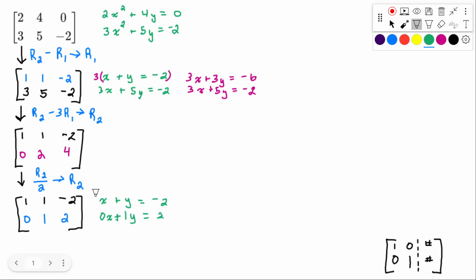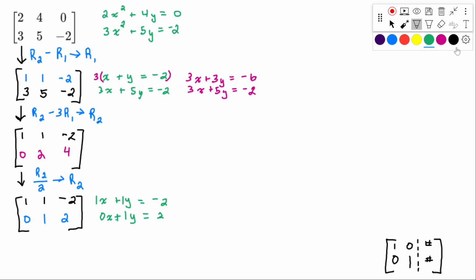And in the first row is a 1x and a 1y. If I were to subtract my second row from my first row, I would still have a 1, but the y would become 0, which would allow for me to get the value 0 that I need in this matrix.